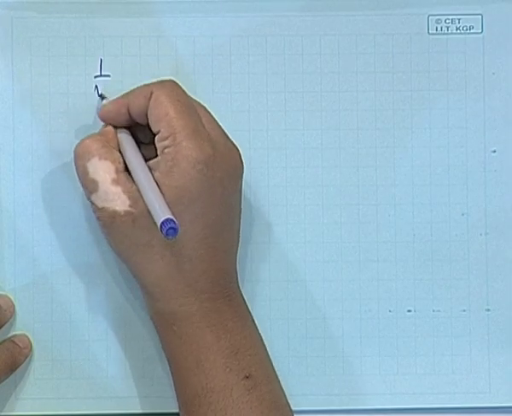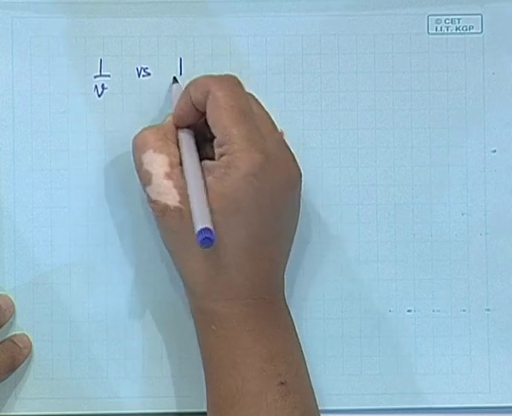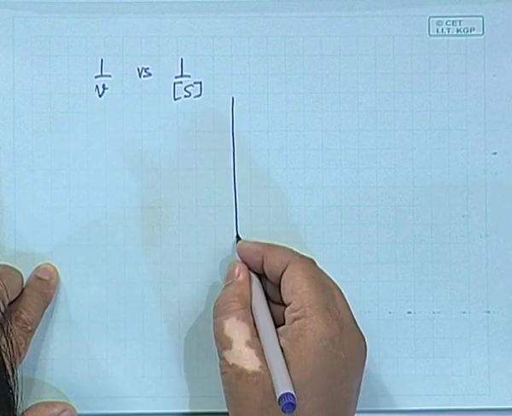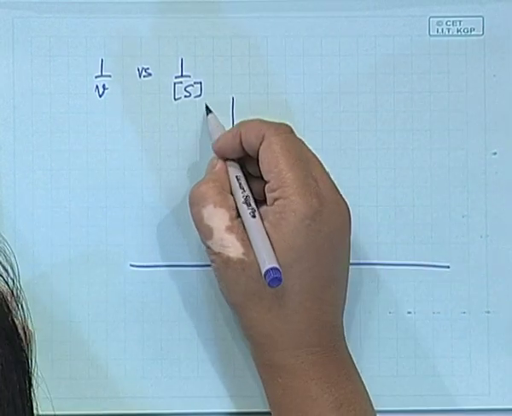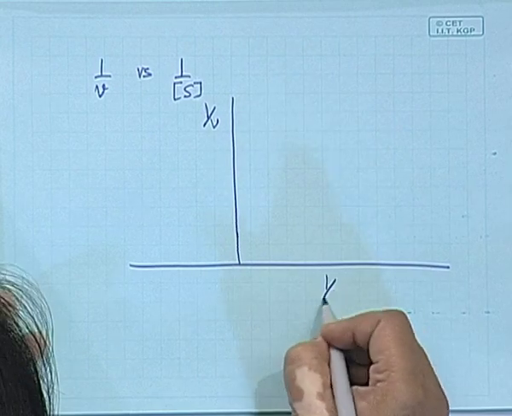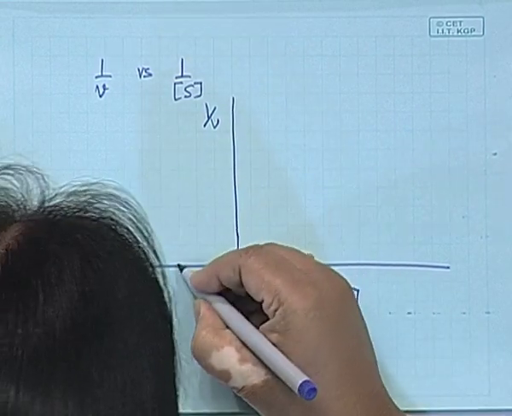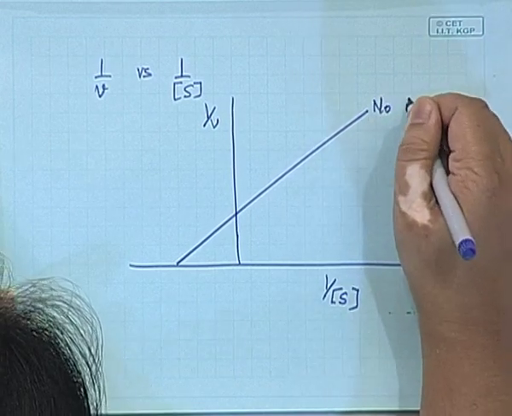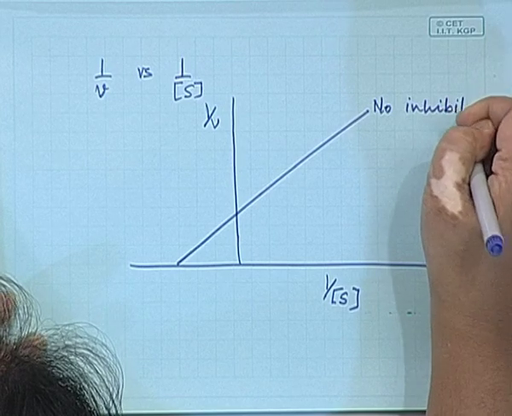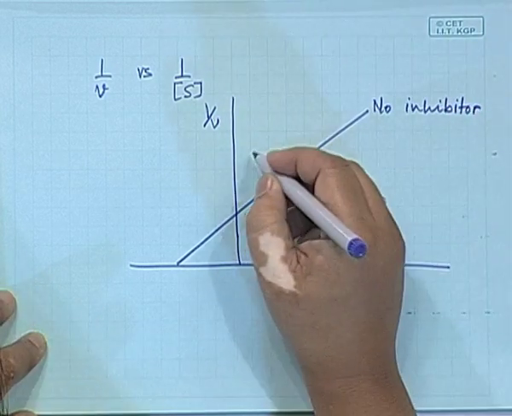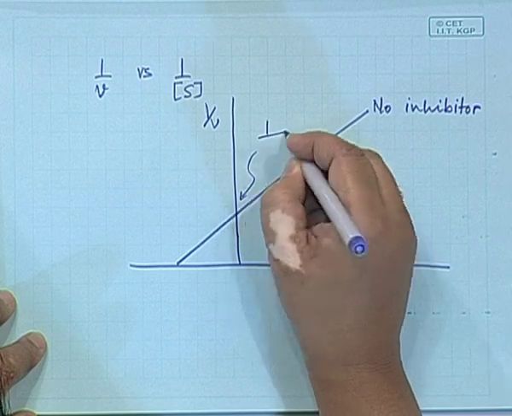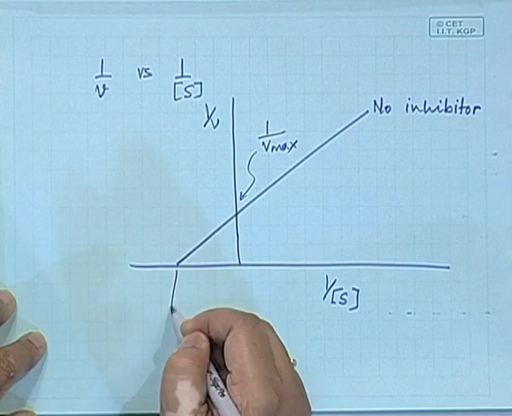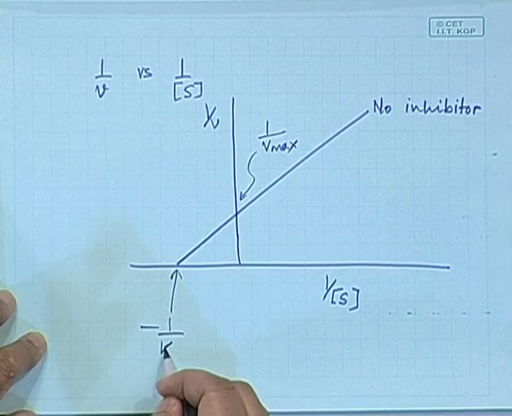So, I have now a 1 by V versus 1 by S. What is this? No inhibitor. What is my y-intercept? 1 by Vmax. What is this? Minus 1 by Km.